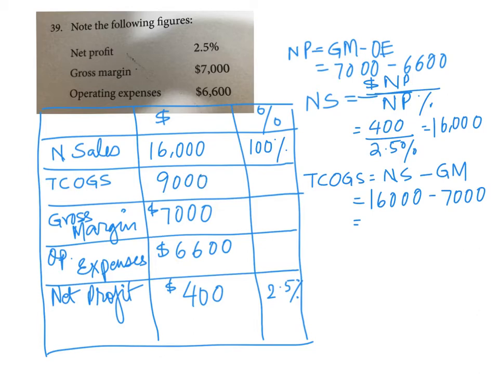Once all the dollar values are done, then we can calculate the percentage values. Total cost of goods sold percentage will be equal to total cost of goods sold dollar divided by net sales dollar, and this will come out to be 56.25%.